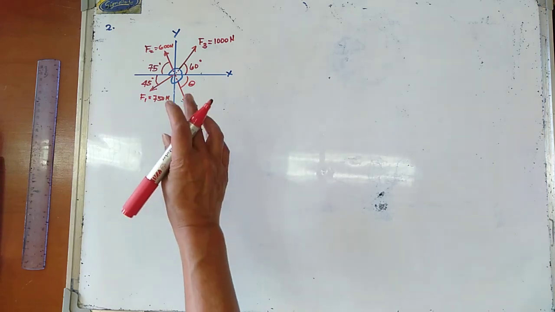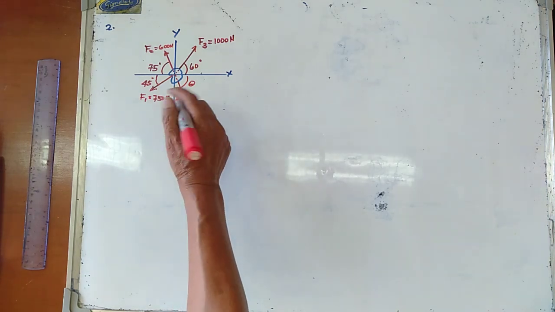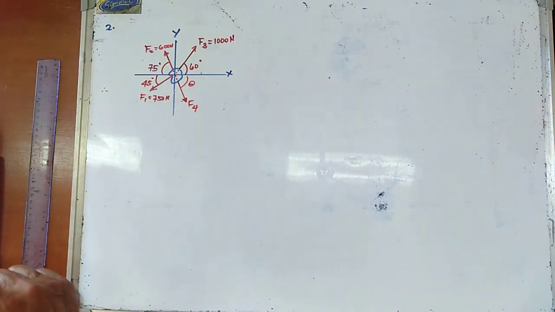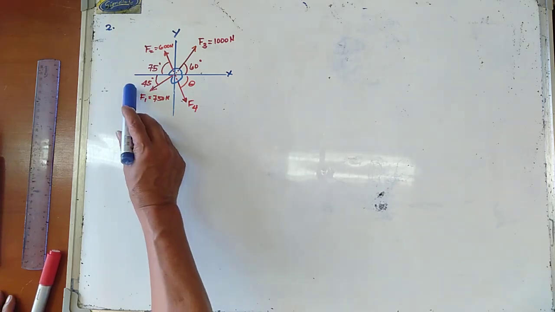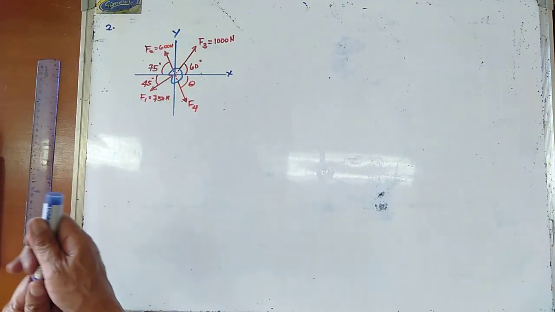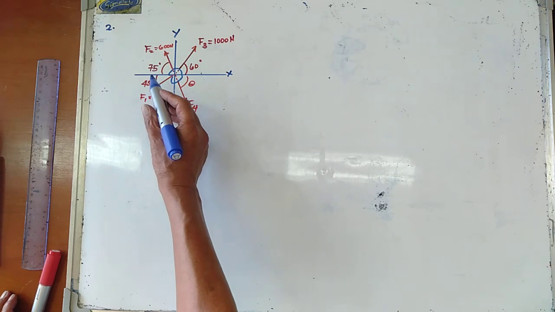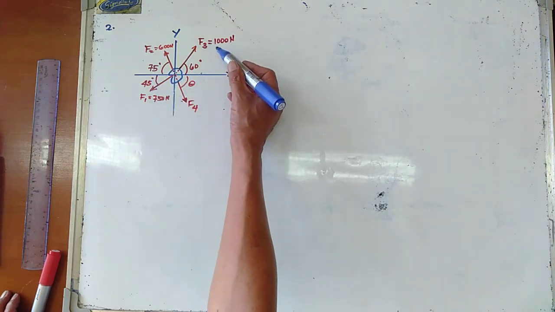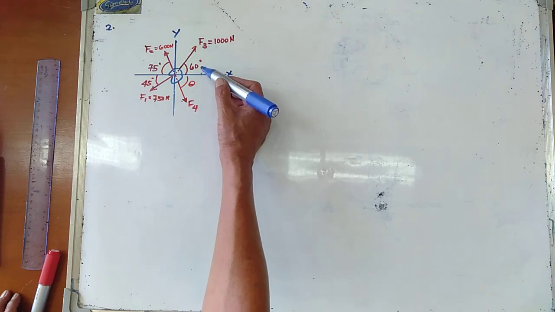Okay, four forces act on the particle shown. So that is now your particle. We have F1, 750 newtons, 45 degrees with the x-axis. F2, 600 newtons, 75 degrees with the x-axis. F3 is 1000 newtons, 60 degrees with the x-axis.